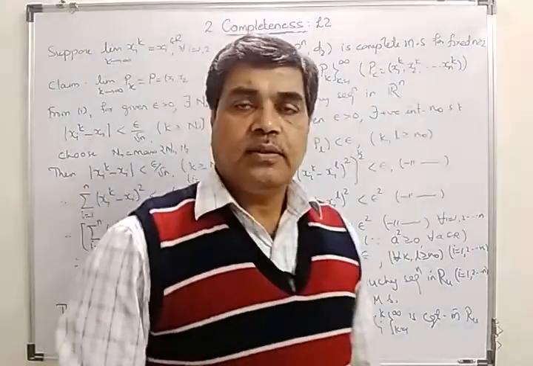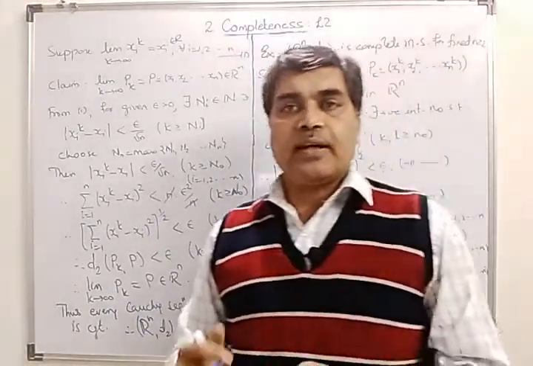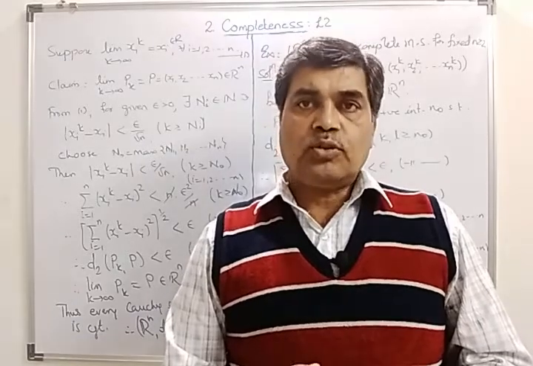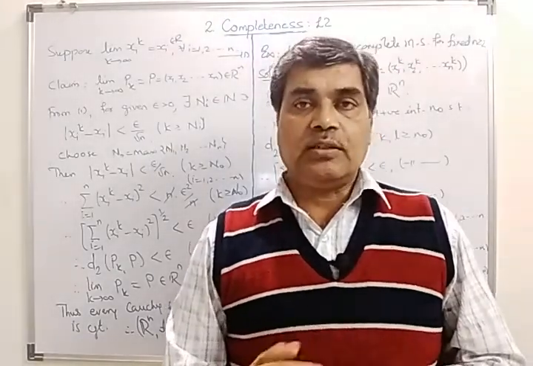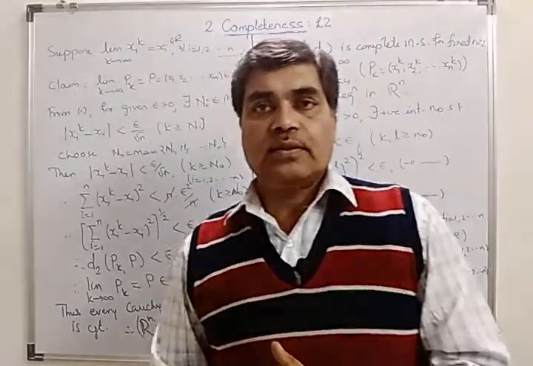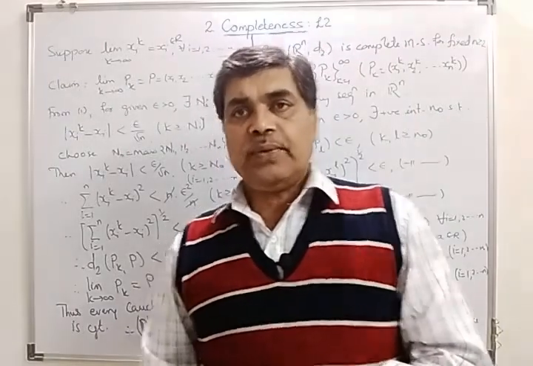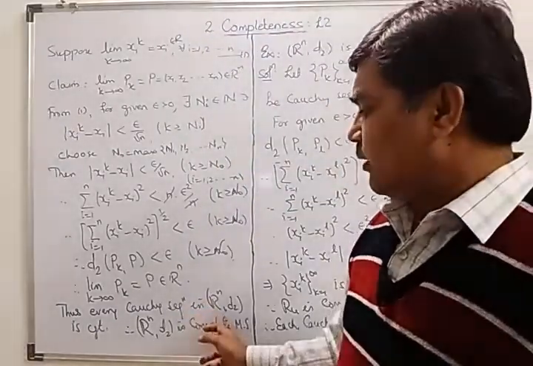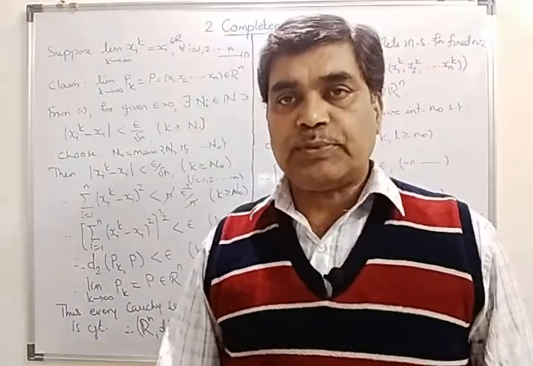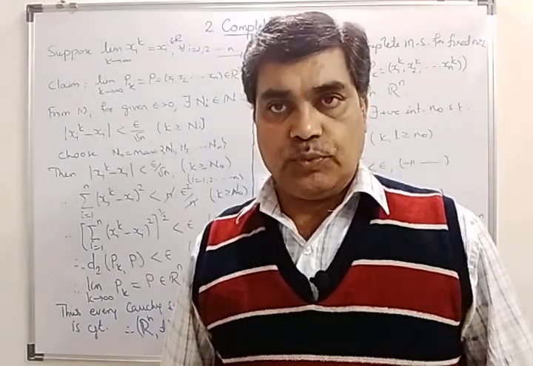We know that the three metrics on Rn, d1, d2, d infinity, are equivalent metrics. So, equivalent metrics preserve convergent sequences and Cauchy sequences. Therefore, whenever the given Cauchy sequence is convergent in Rn with respect to d2, it must be convergent with respect to d1, and with respect to the d infinity metric also.